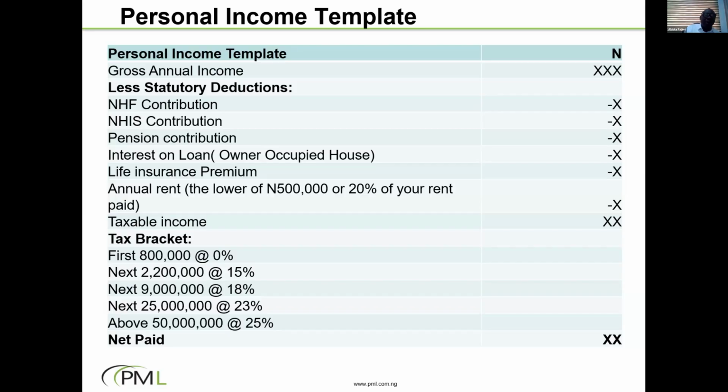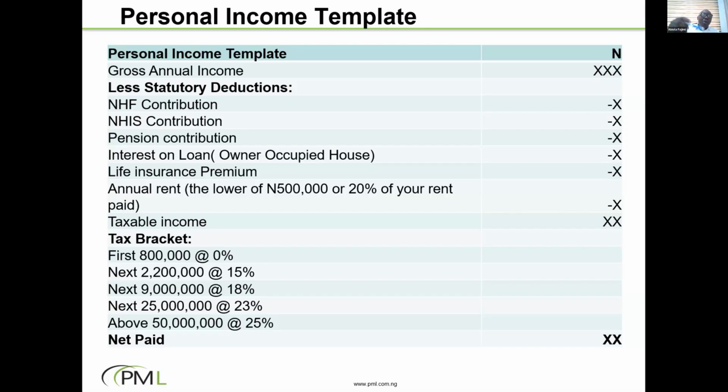Which means before you can actually start having rates at 25%, you will have passed an income band of 800,000 plus 2.2 million, that's 3 million, plus 9 million, that's 12 million, plus 25 million. 12 plus 25, that's 37 million.